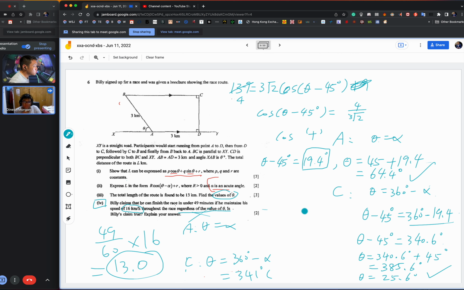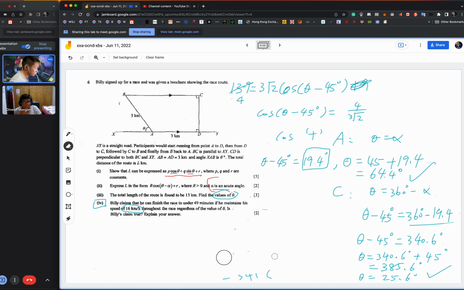Okay, so this brings out a very important point. It's good that we talk about this question. What's the point? Not only don't ignore. If I give you 30 degree, in trigonometry, this is 30 degree and it's also 390 degree.